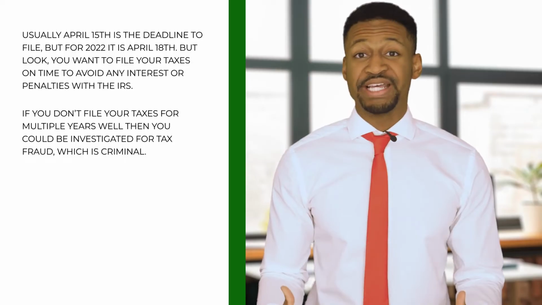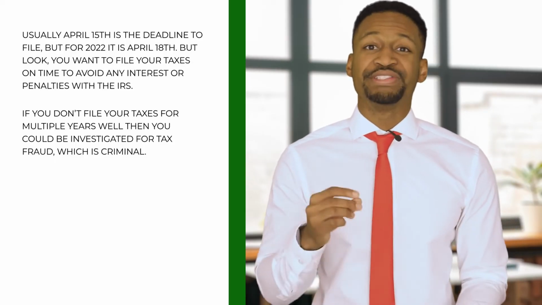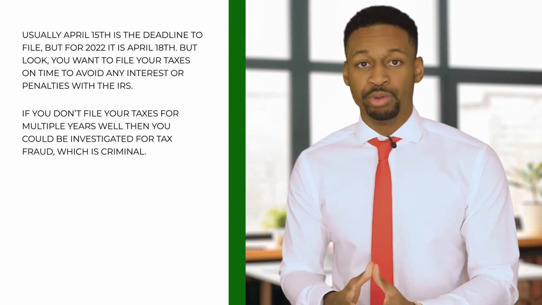And if you don't file your taxes for multiple years, well, then you could be investigated for tax fraud, which is criminal. Now, if you happen to need more time to file, you can always file what is called an extension, which gives you an additional 6 months to file after the original due date, which in this case will be October 15th or 18th.